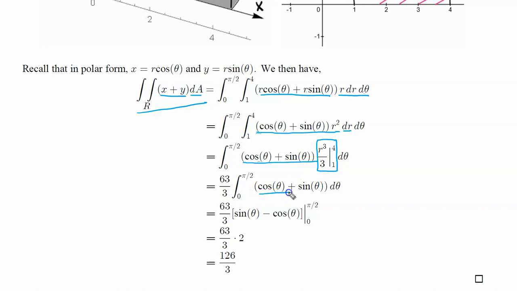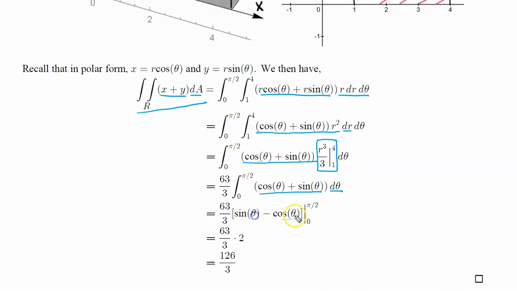And now we just need to find the antiderivative of this with respect to theta and evaluate it from 0 to pi over 2. Antiderivative of cosine is sine. Antiderivative of sine is negative cosine.